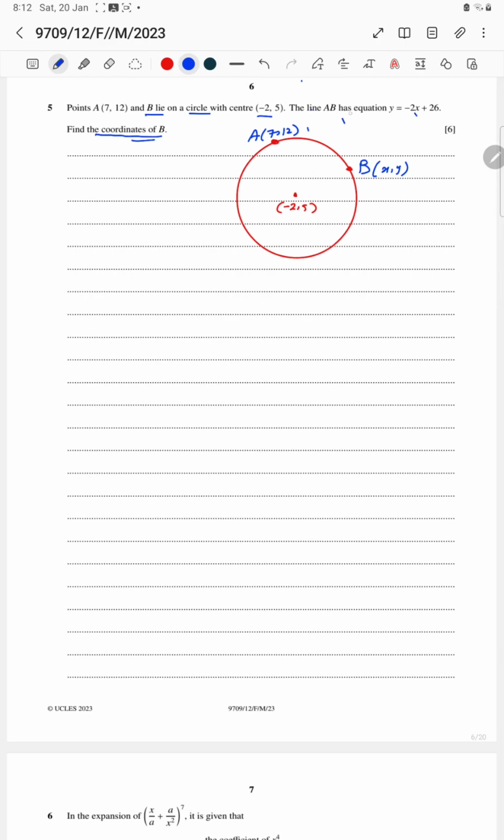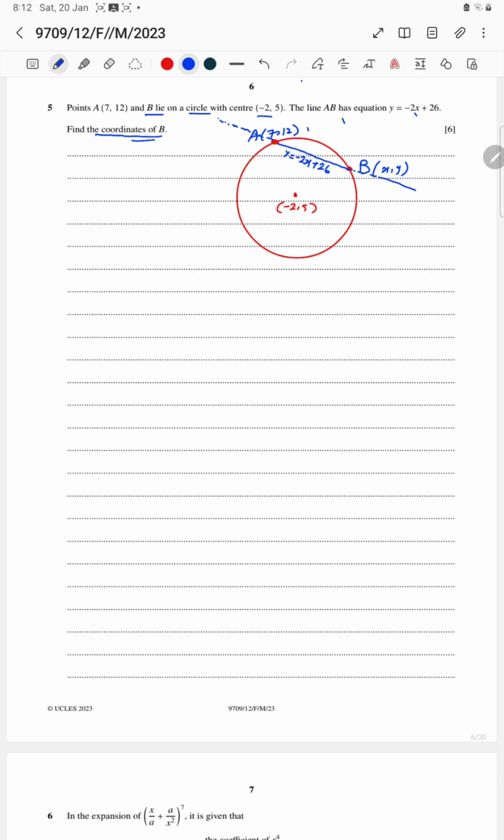And the line AB is y equal to -2x plus 26, right? As you can see, this line AB intersects the circle at these 2 points.